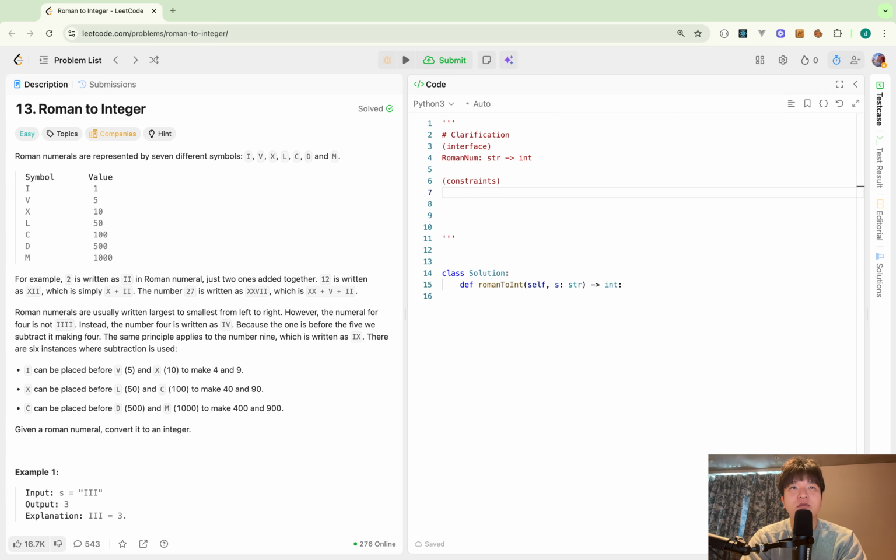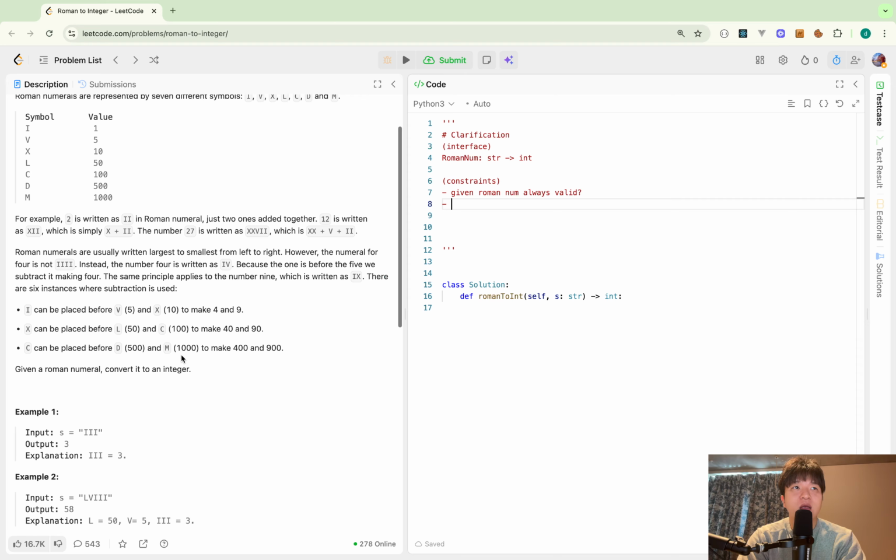As for the constraints, the most important thing I try to confirm is whether the given Roman numeral is always valid or not. This is something I try to confirm first.